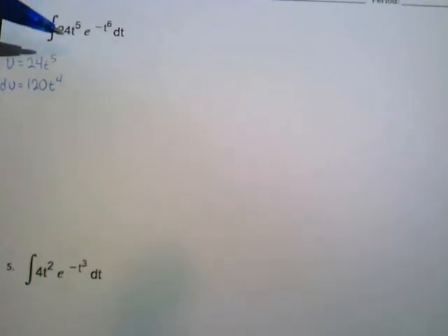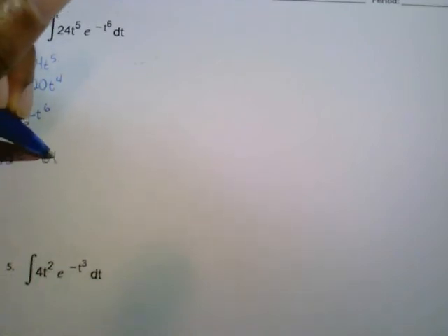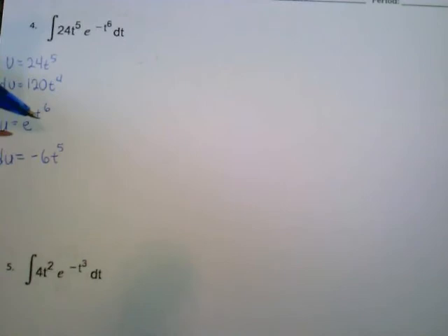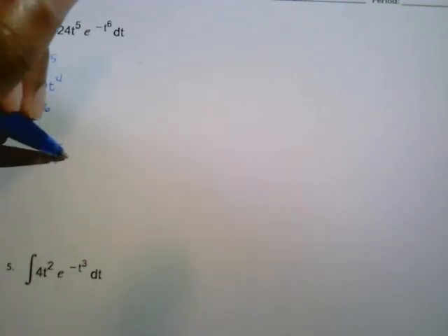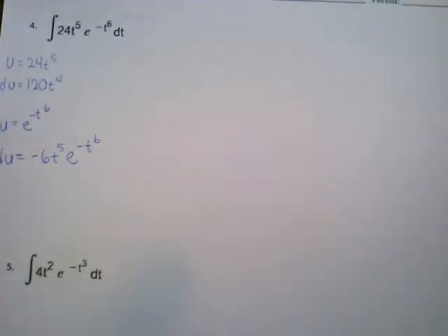So then let's check to see what happens if we let u equal e to the negative t to the sixth power. Well, in this case, du will equal negative 6t to the fifth power times e to the negative t to the sixth power.